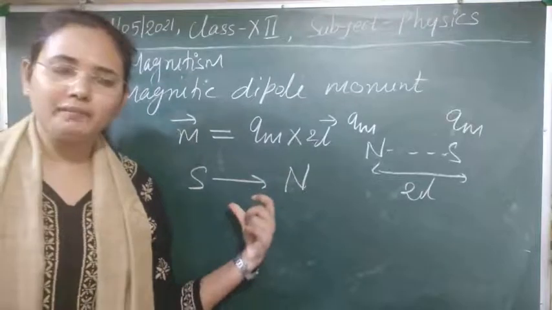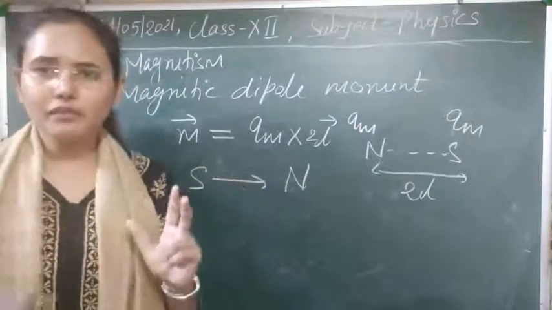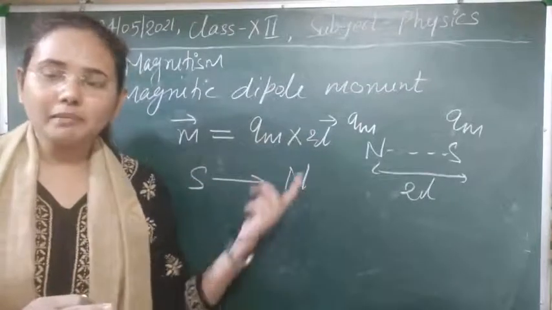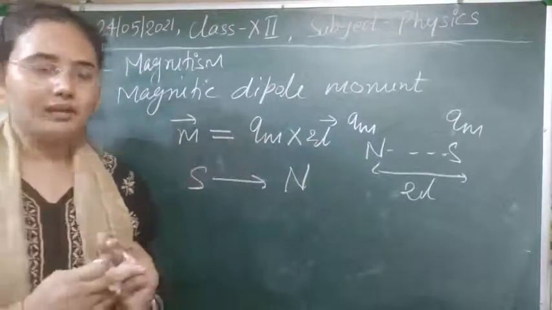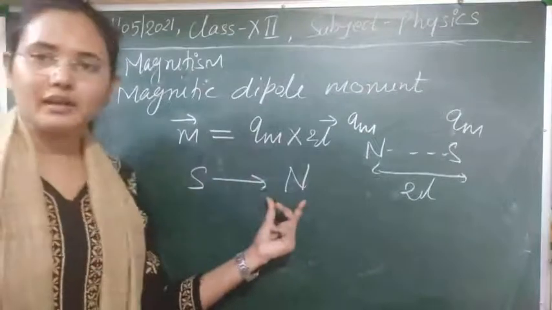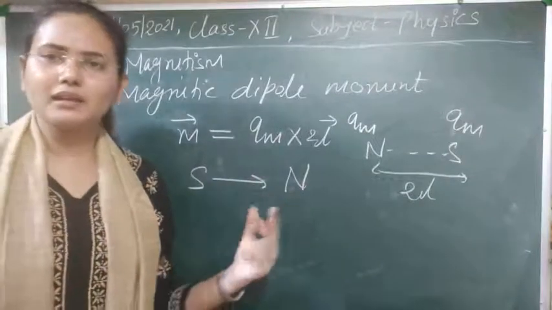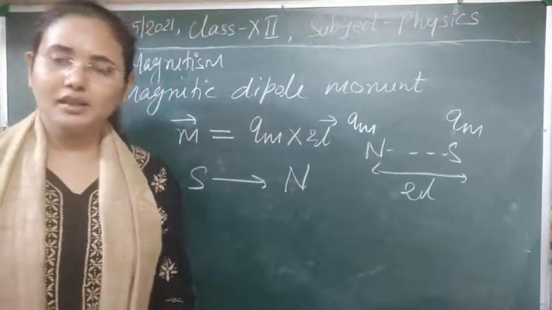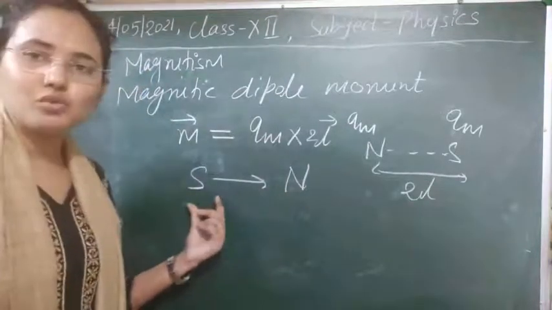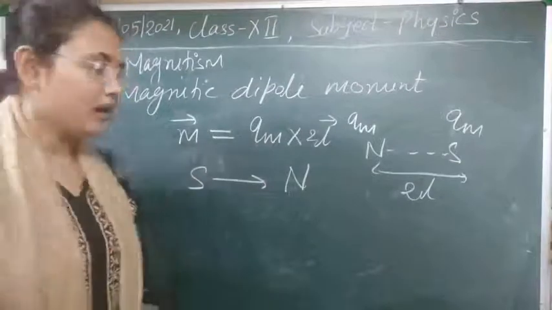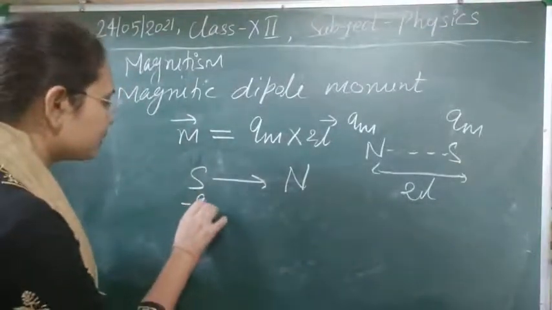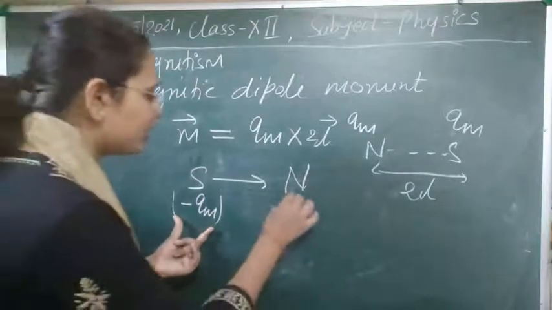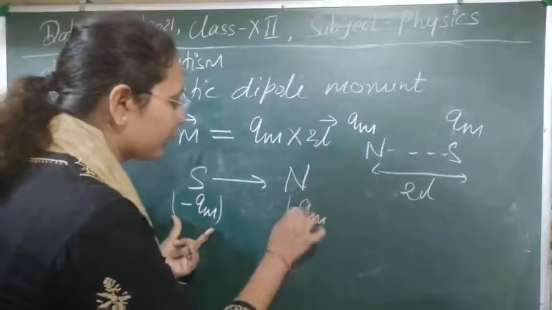In the way that we have knowledge of the electric dipole, if you have to understand the magnetic dipole moment in terms of that, you can also represent the south and north poles of the magnet in terms of some charges. That is known as magnetic charges. So we can represent the south pole by some negative magnetic charge, and the north pole by some positive magnetic charge.